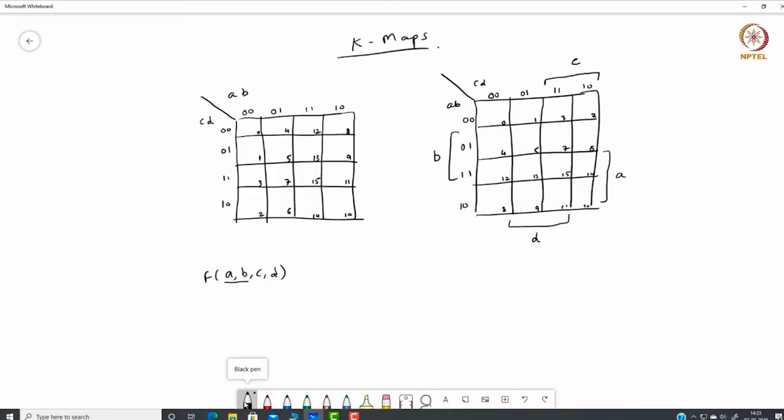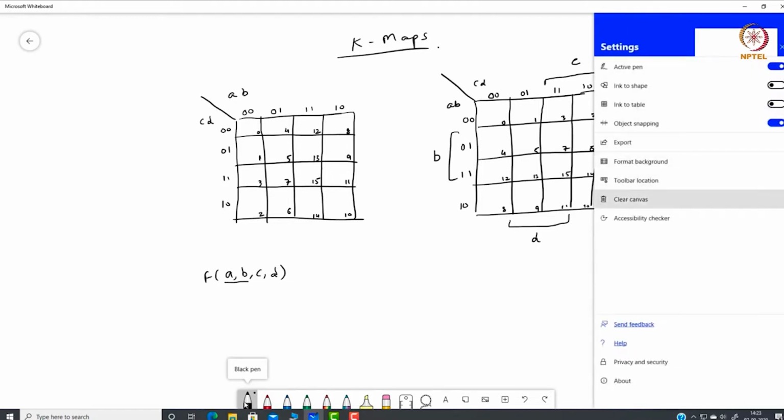To make that procedure more systematic, let us define a couple of new terms. We will define 3 terms. One is called implicant, second prime implicant, and third essential prime implicant. Let's try to understand these three terms with the help of an example.